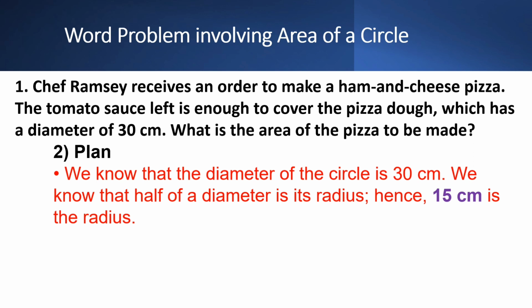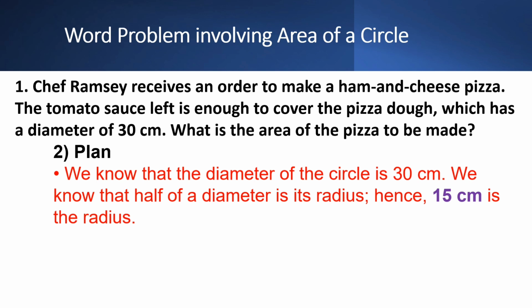We know, alam din natin na half of a diameter is its radius. Sinabi natin kanina na ang radius ay kalahati ng diameter. Kung ang diameter ay merong 30 centimeters, kalahati niyan, yan na yung ating radius na magagamit natin sa pi r squared. So ano bang kalahati ng 30? Of course, 15 centimeters.